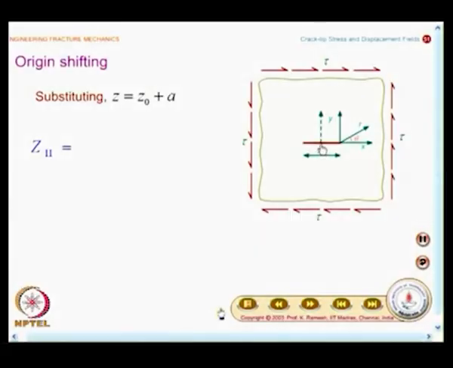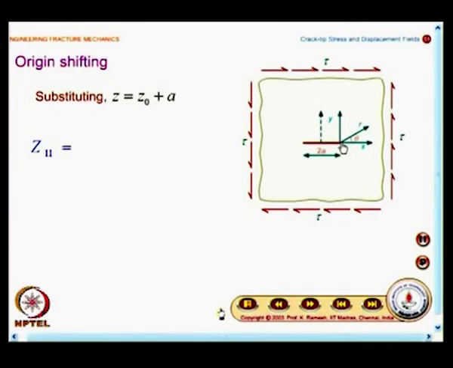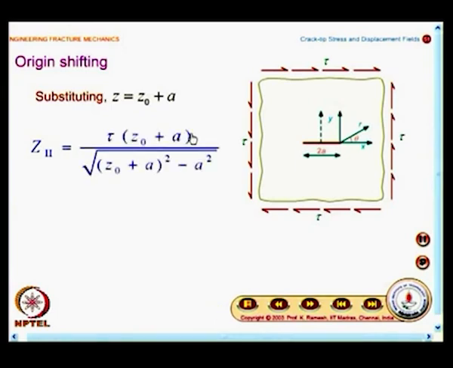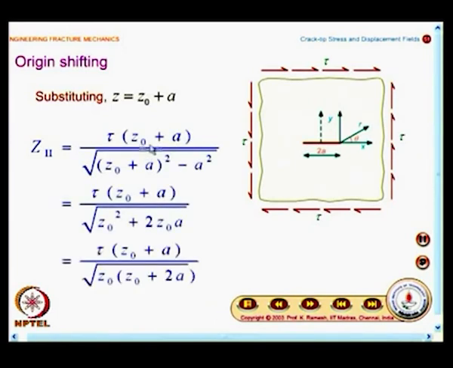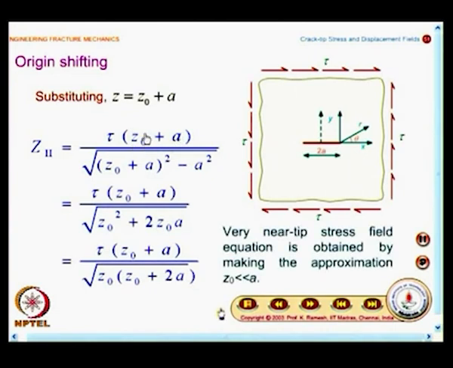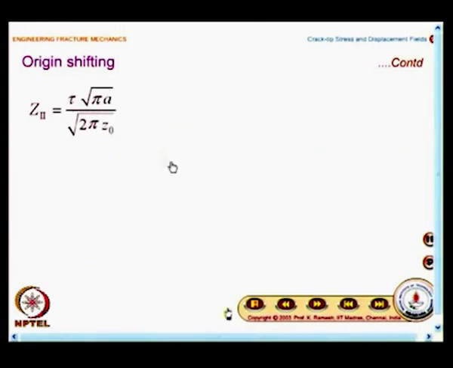So, you shift the origin from the center of the crack to the tip of the crack, and the approximations are very similar to what you have done for mode 1. Instead of z naught plus a, you would say z naught is very small, and the stress function turns out to be like this, tau into root of pi a divided by root of 2 pi z naught.